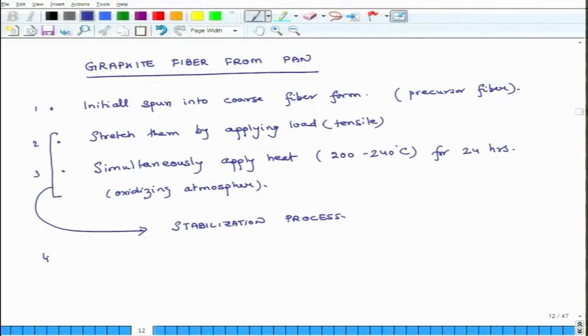Fourth, then these stabilized fibers are subjected to the process of pyrolysis. So, what happens in pyrolysis? You take these fibers, subject them to very high heat, 1500 degrees centigrade, and at this temperature if there is oxygen, everything is going to burn away. So, no oxygen. Okay.